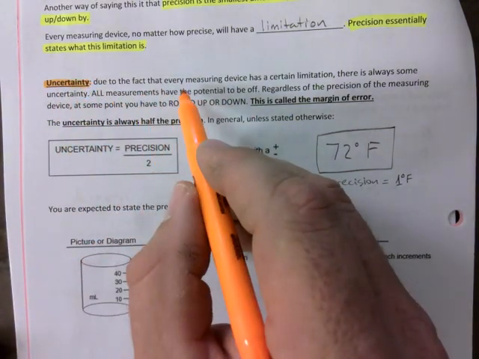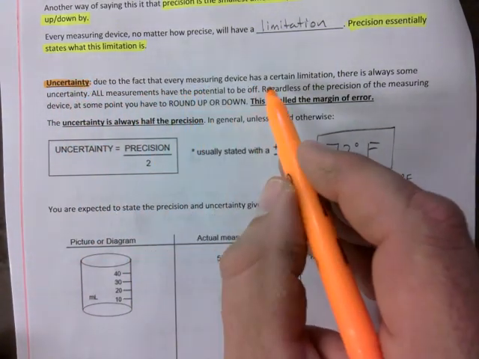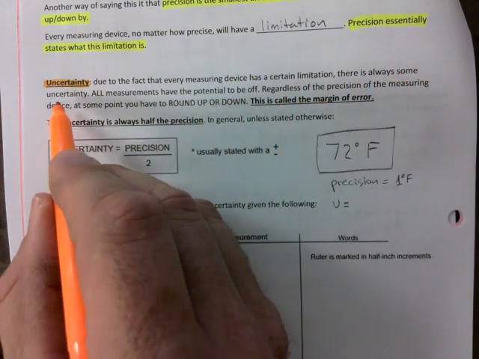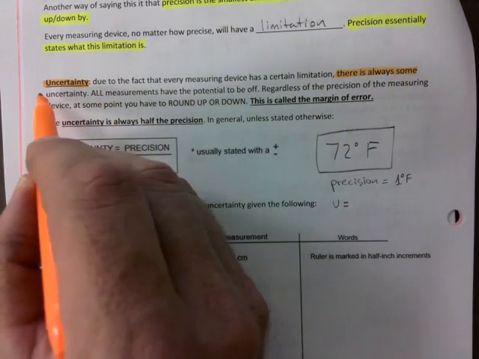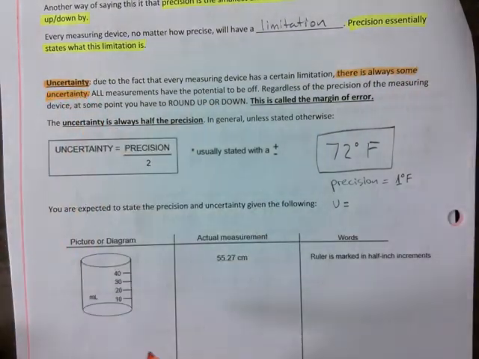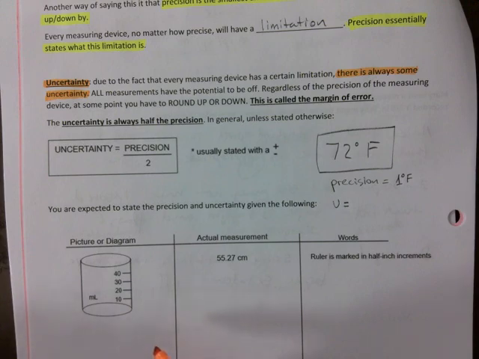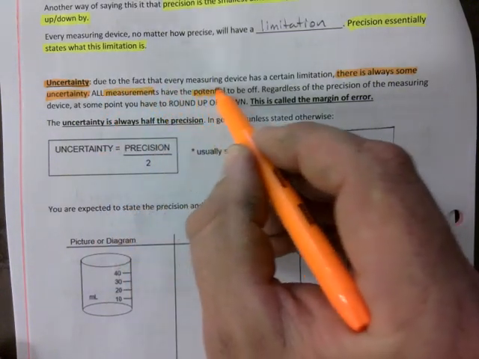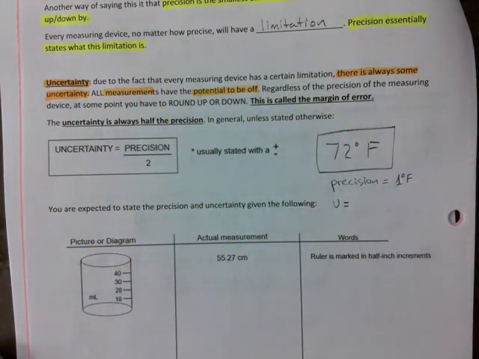Due to the fact that every measuring device has a certain limitation, there's always some uncertainty, right? There's always going to be some unknown part to a measurement. All measurements have the potential to be off, regardless of the precision of the measuring device.